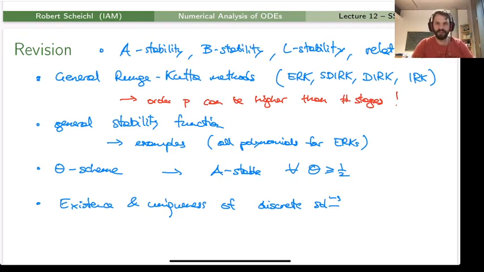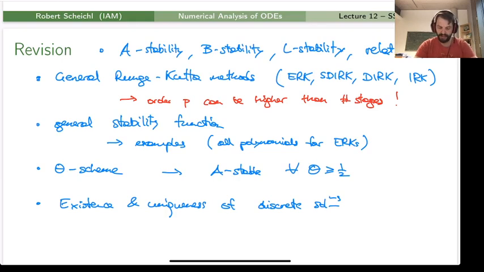And the first thing we saw when I wrote down the first general implicit Runge-Kutta method is that implicit Runge-Kutta methods are able to achieve higher consistency order than the number of stages. So with explicit Runge-Kutta methods, remember the Butcher barriers, which said that we basically have p no bigger than s, in fact sometimes even smaller than s for higher order. This is not true for implicit Runge-Kutta methods, and we will get to significantly larger orders later.